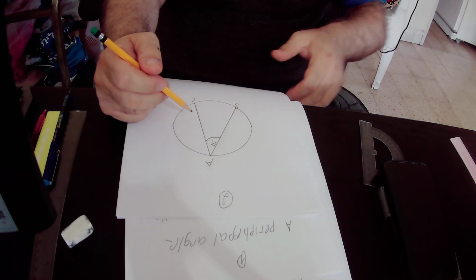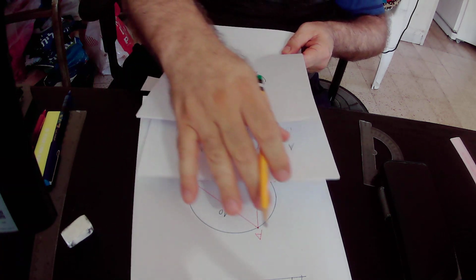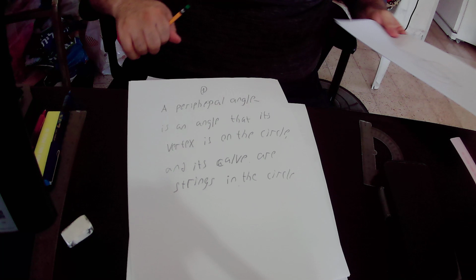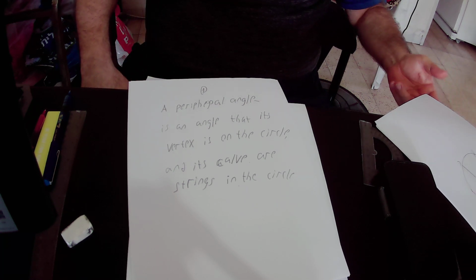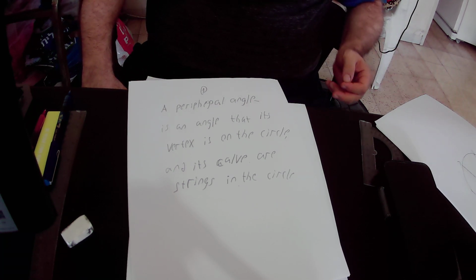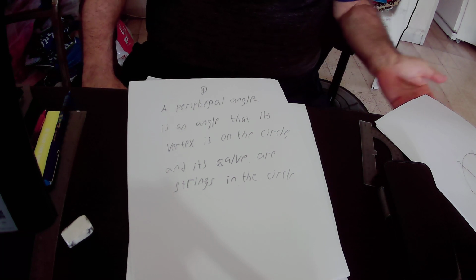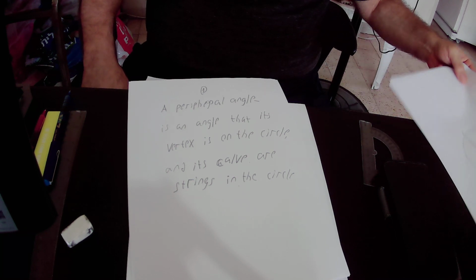I will read the definition of a peripheral angle again. A peripheral angle is an angle whose vertex is on the circle.